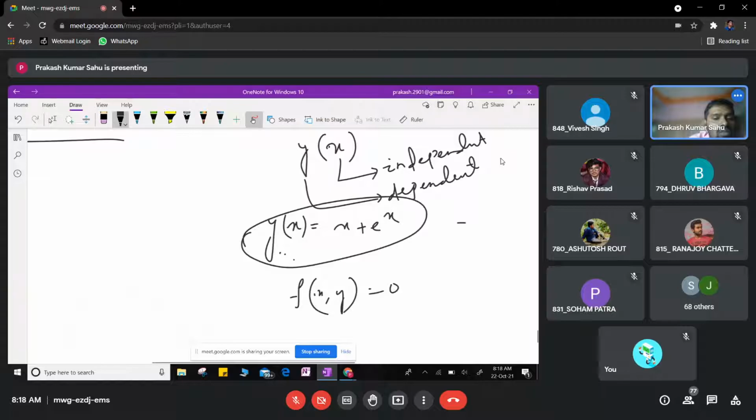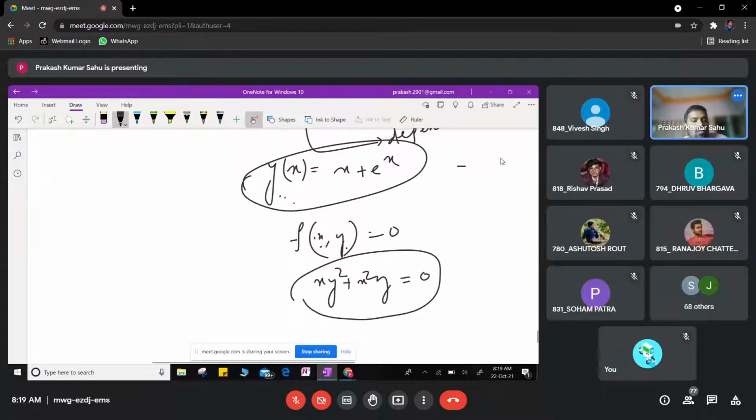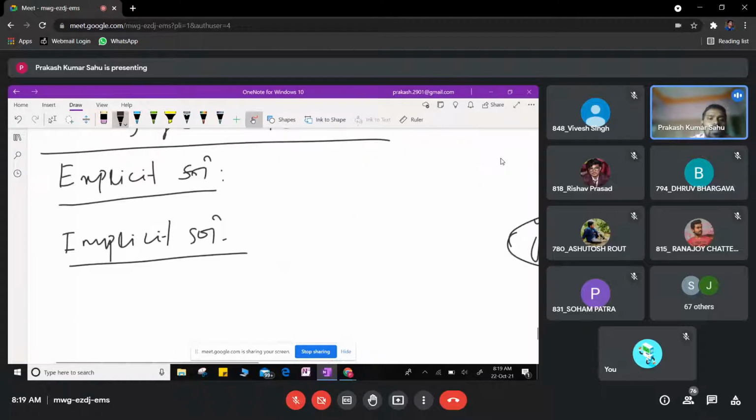This is the implicit form, because x and y can appear in any form in the function. Understood my point? What is explicit and implicit form?